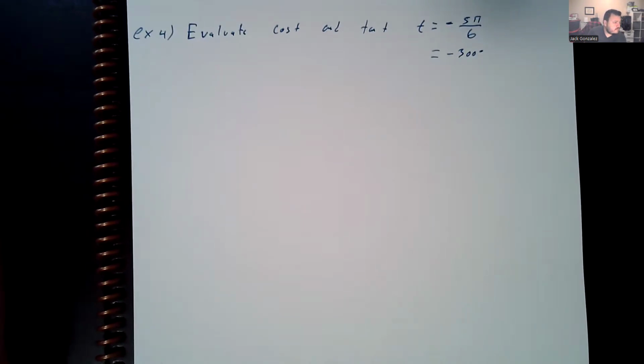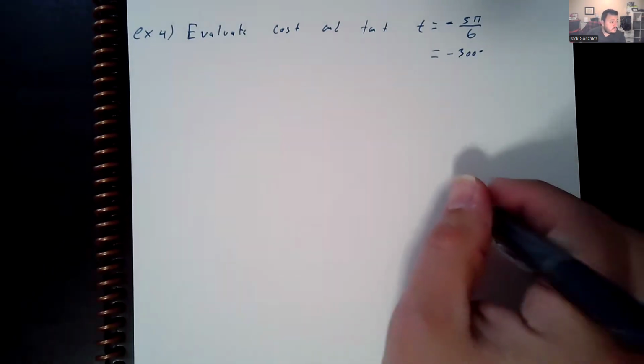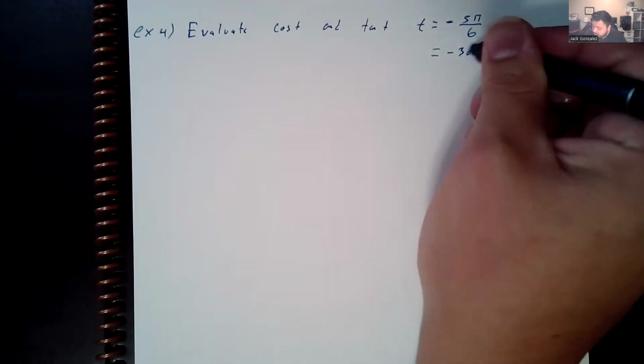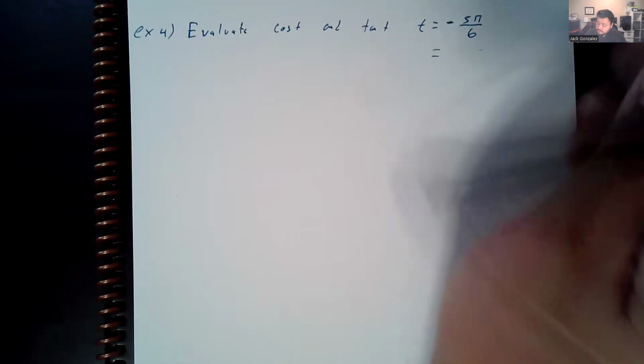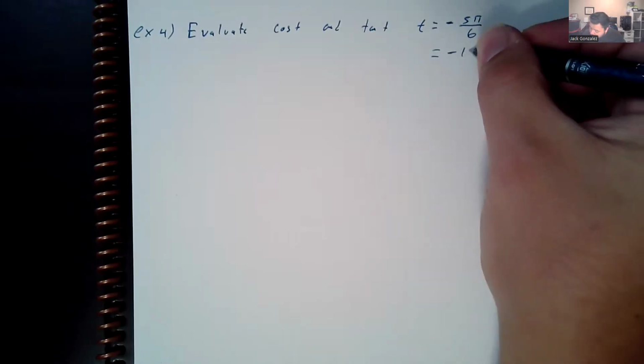Is it 5 pi 6 or 5 pi thirds? Oh, 6. Okay, 5 pi 6 is actually on the circle. So when you're doing this, make sure you have your circle open. It's 150, so negative 150 for negative.